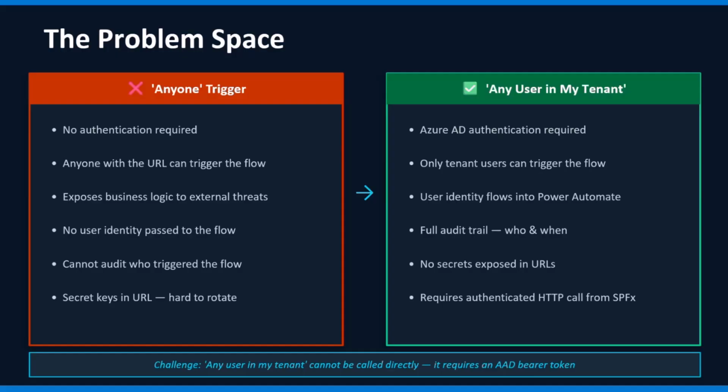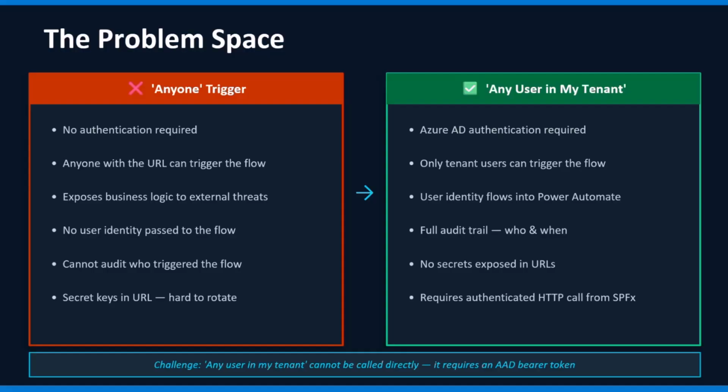If you're building an enterprise-level solution, a demo is fine, but you don't go with this approach. You go with a more authenticated approach. You potentially can expose the business logic. Anyone can call this endpoint and trigger your flow. So that's one way of triggering the HTTP action.